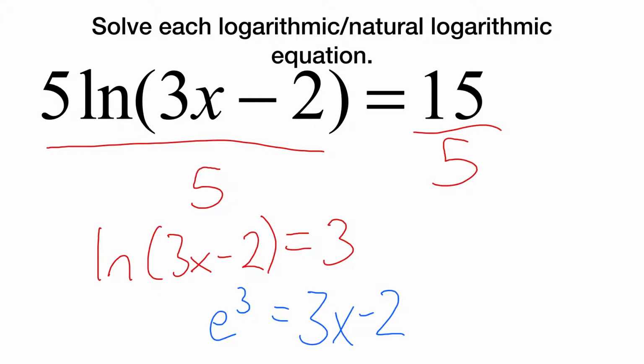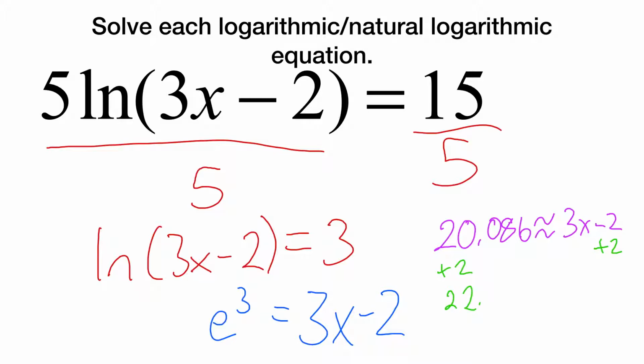So this ends up being e cubed is 20.086 is not equal to, but approximately 3x minus 2. So my first step would just be to add 2 to both sides. So this ends up being 22.086 is once again approximately 3x.